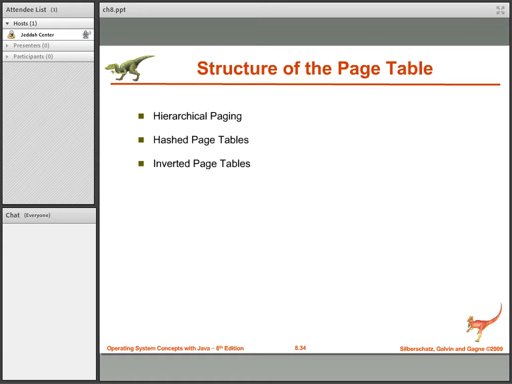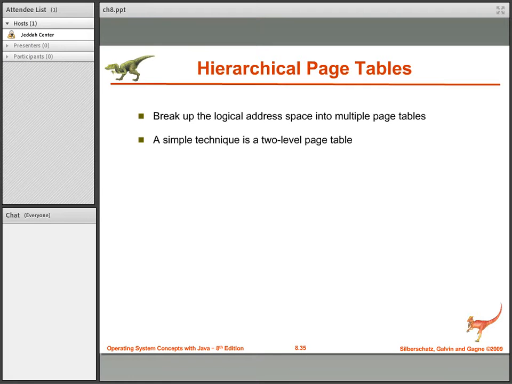Now we come to the structure of the page table. You have hierarchical paging, hashed page tables, and inverted page tables. Let us discuss each one. In the hierarchical page tables, you break up the logical address space into multiple page tables.